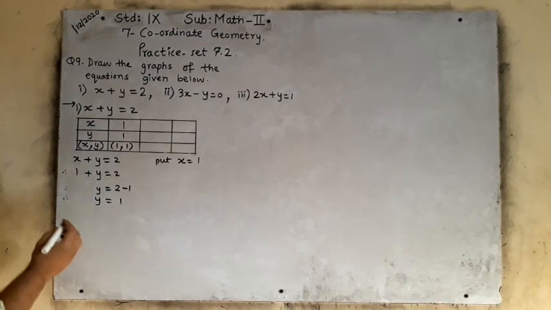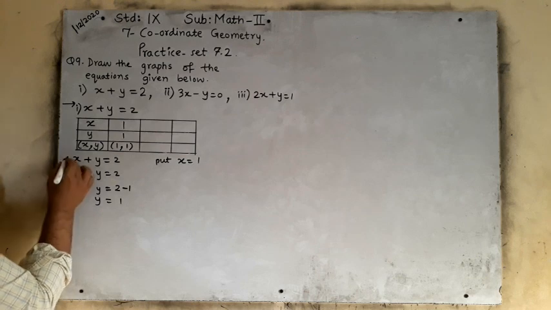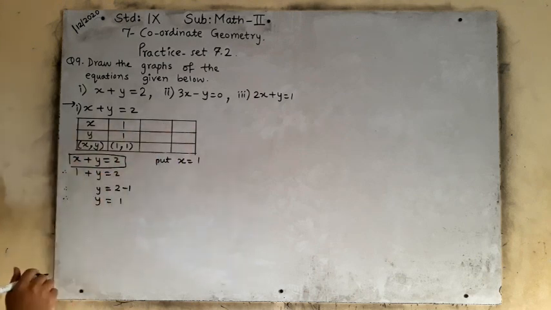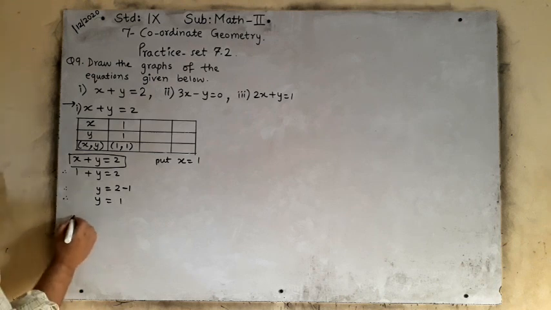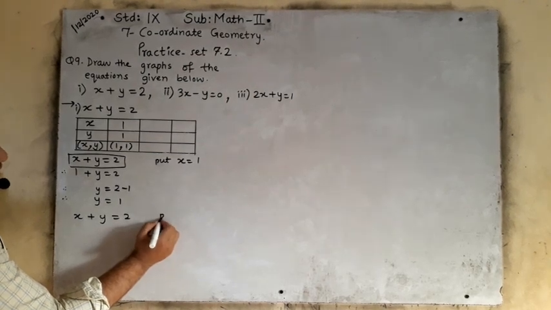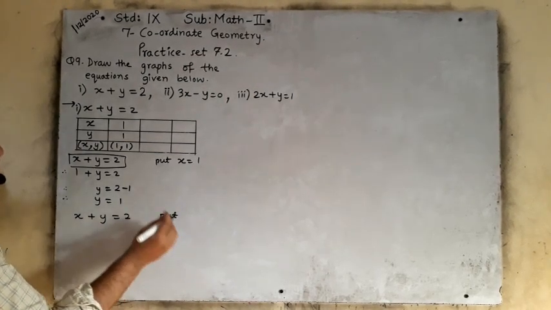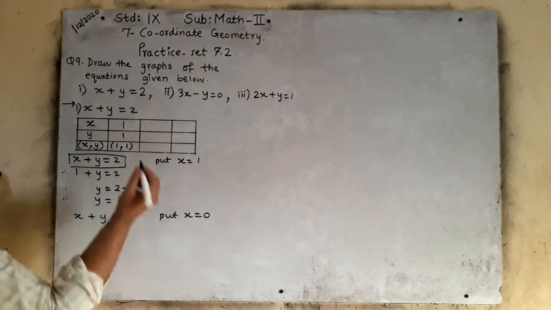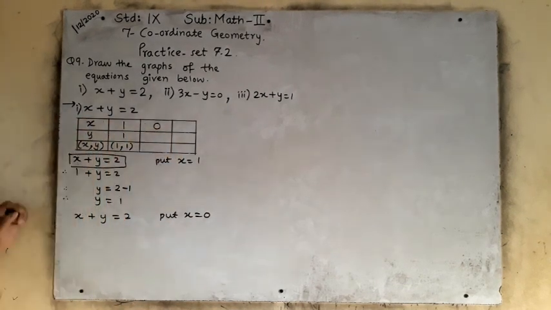Is it clear? Now see, again we will take this equation. You will have to use this equation again and again to complete this table. Okay, so you will write again, x plus y is equals to 2. Now again you will consider as per your choice. Consider x is equals to 0. So I will write here x is equals to 0.